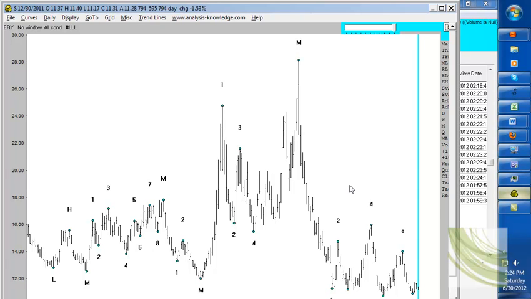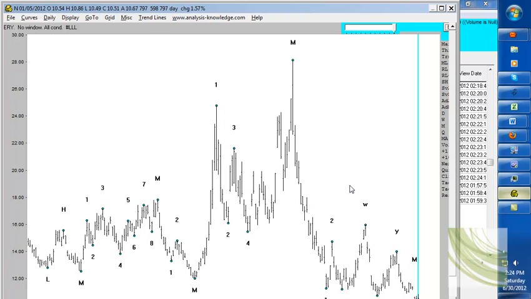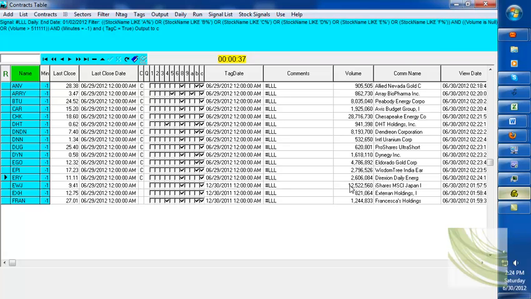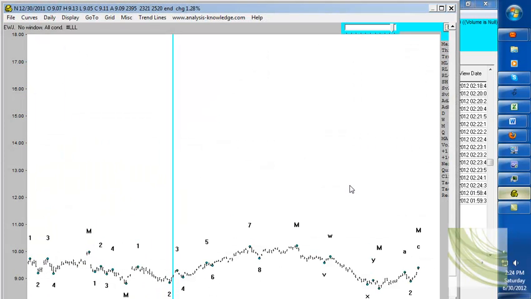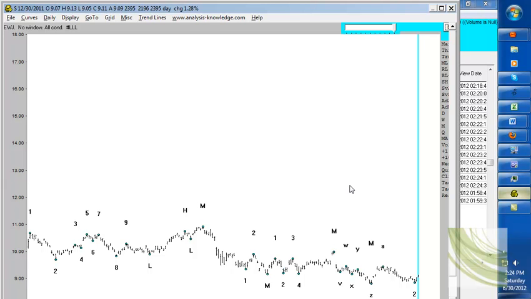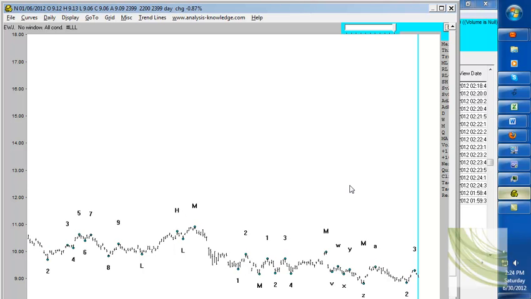Okay, and do you have the pattern in ERY? No, you do not. And down she goes on the next day. Oh, well, you didn't have the higher high. EWJ. I think you have the pattern.